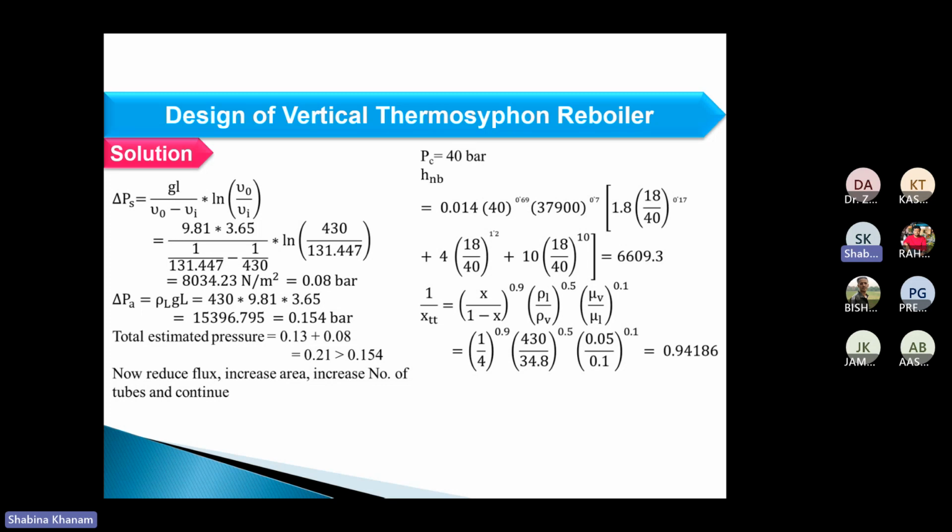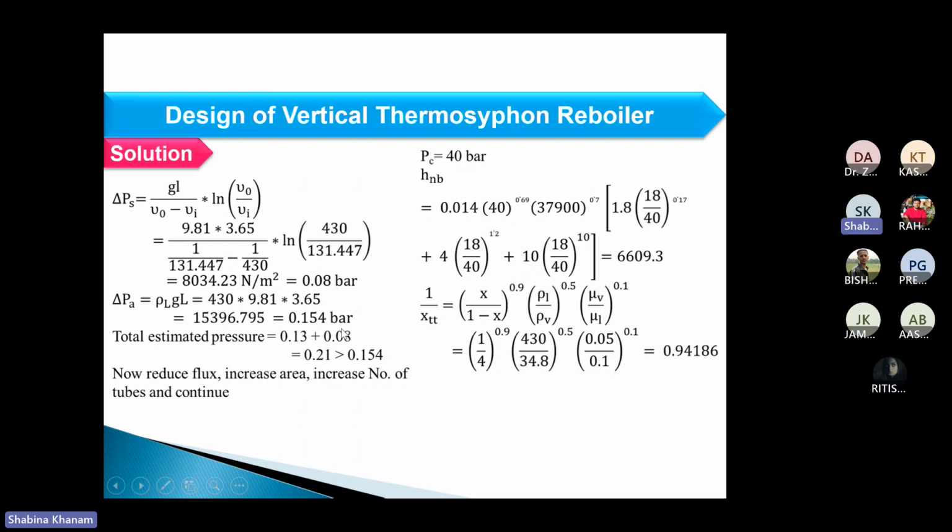So whatever length of the tube we are considering, the same length we will consider for the distillation side as available length. So rho g h or rho g L you can count here. L should be 3.65, and the density of the liquid you can consider. So delta Pa you can find as 0.154 bar.